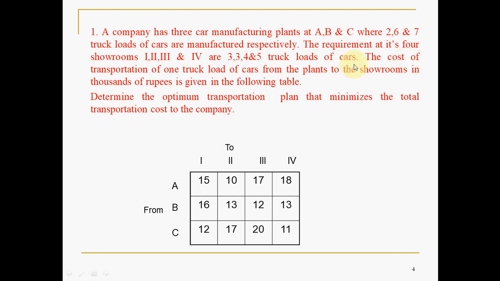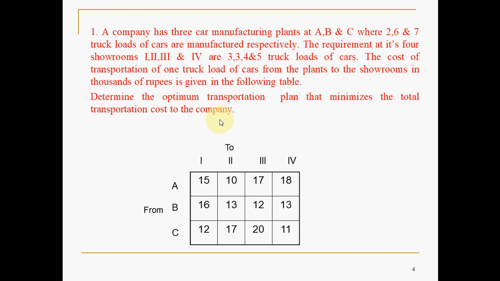The cost of transportation of 1 truckload of cars from the plants to the showrooms in thousands of rupees is given in the table. Determine the optimum transportation plan that minimizes the total transportation cost to the company.